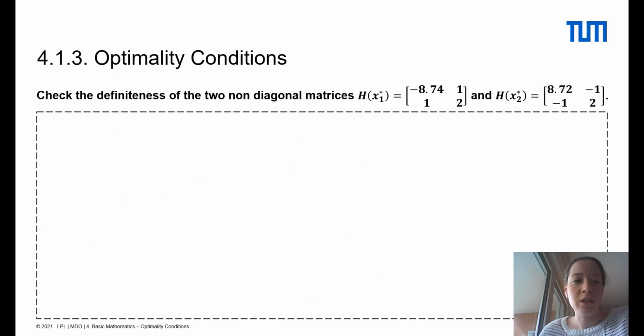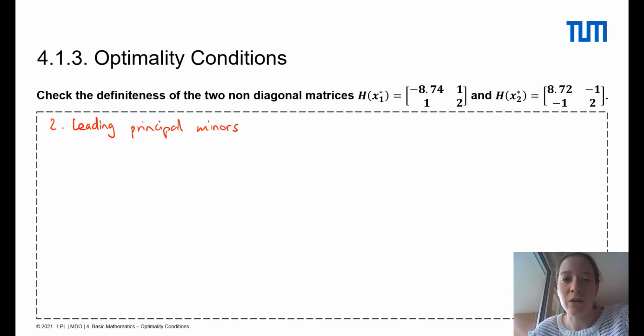There is another way to check the definiteness of the two non-diagonal matrices, which is using the leading principal minors. We get those by building the determinants of the Hessians by just crossing out lines and columns. So for a 2 by 2 matrix, we have to check the determinant of H11 and the determinant of the whole matrix.